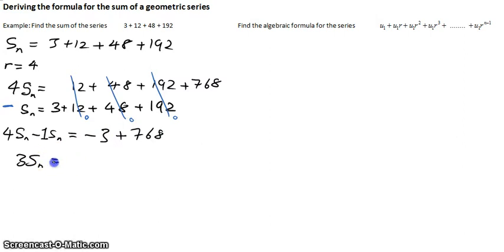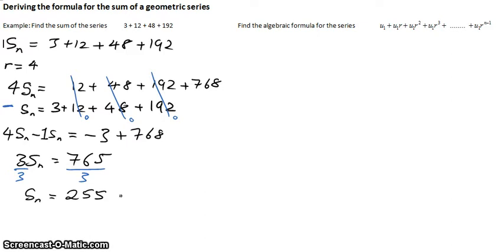So we have negative 3 plus 768, which is 765. But this is 3 times too big, so I'm going to divide both sides by 3, which will give me an answer of the total, one lot of that total, is 255. Now you can check that on your calculator, which you could have done in the first place, I know. But as I said, the idea is to look at the step-by-steps and see how clever it is.